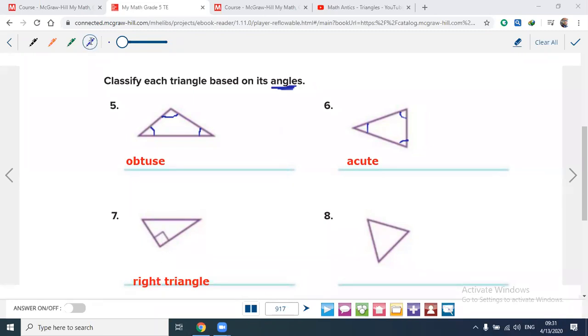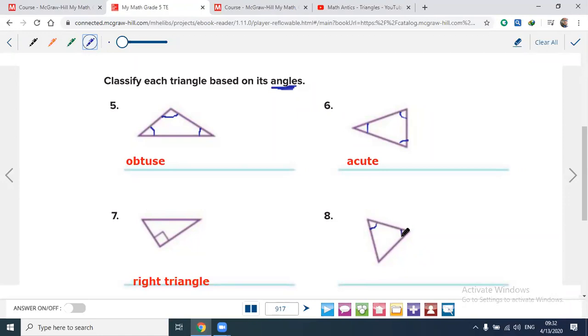Okay? Good. The last one, number 8. I have to make a corner or arc inside each angle to classify it. I have a small corner here. Number 8 is also acute, teacher. Yes, Ahmed, you are right, excellent. Here I have a small corner, so it is an acute angle.